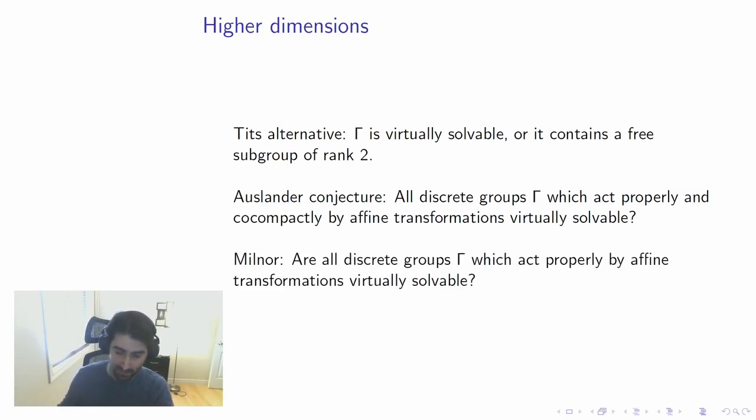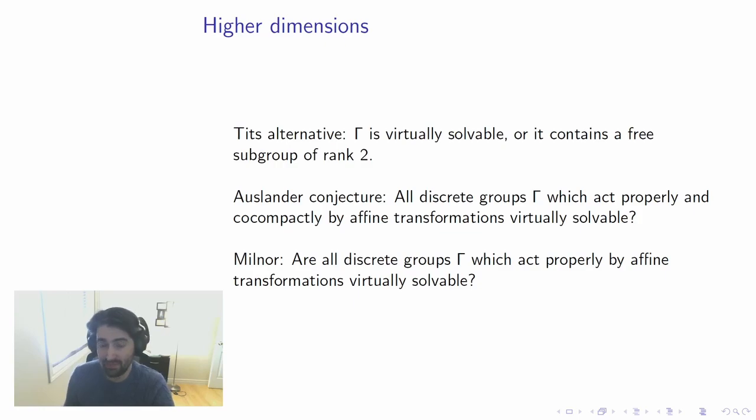Now, when thinking about this question, there's also a fairly old complement to this conjecture, which was a question asked by Milnor. What if you just dropped the co-compactness condition, which is what I did at the very beginning when I talked about proper affine actions, right? I defined them just as a group acting properly on the vector space.